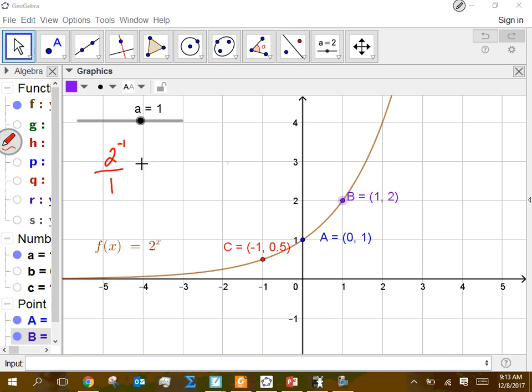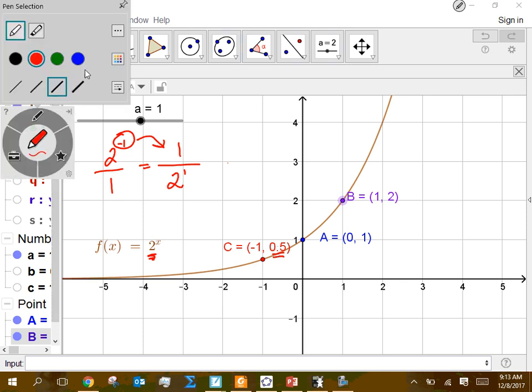To rewrite that without negative exponents, I take the base that has the negative exponent and put it in the denominator. That gives me 2 to the 1 down here, and what's left up here is 1. So when x is -1, the y value you get back is 1/2. And that is simply the reciprocal of your base. 1/2 is the reciprocal of 2.